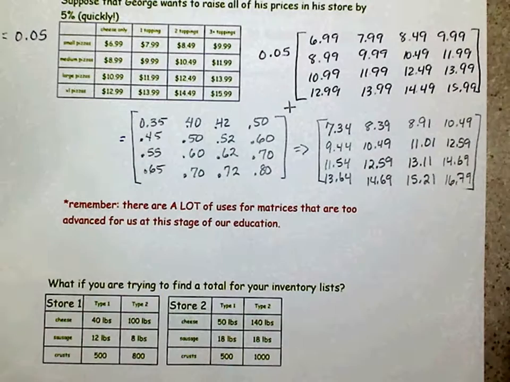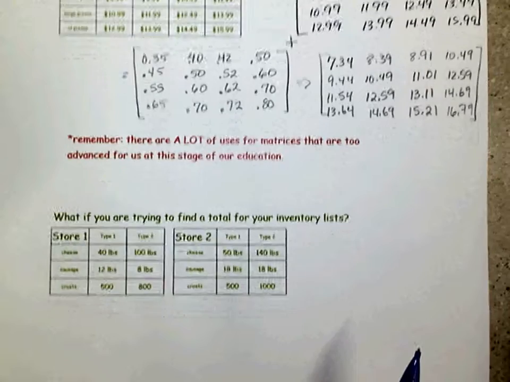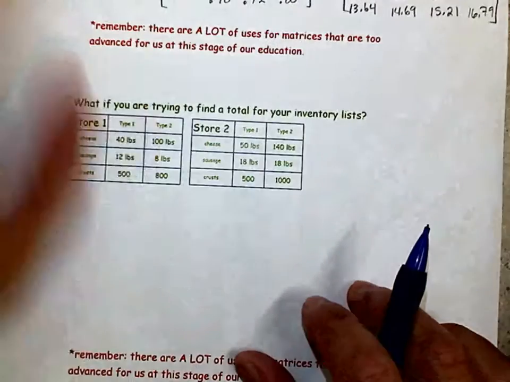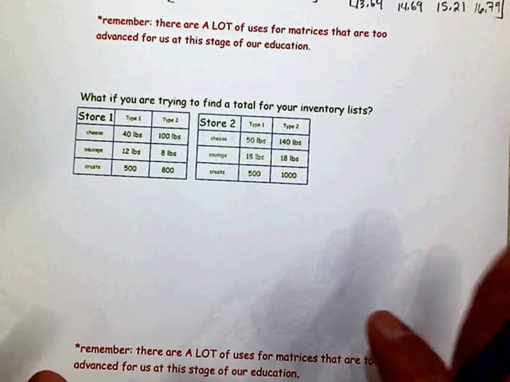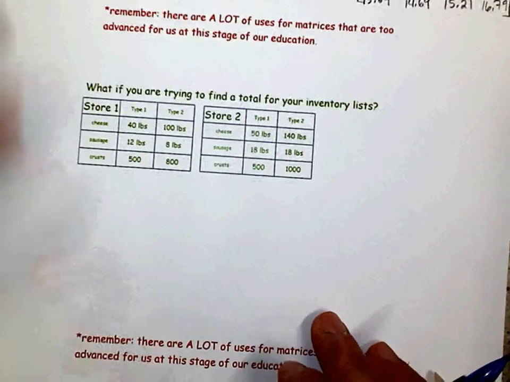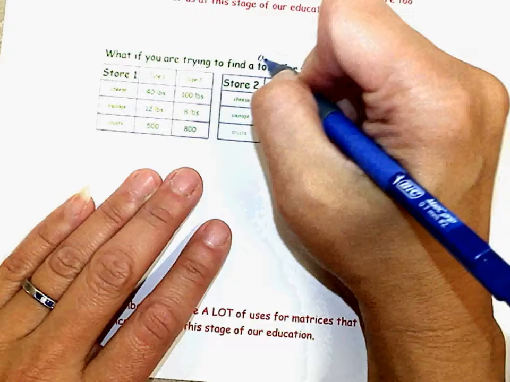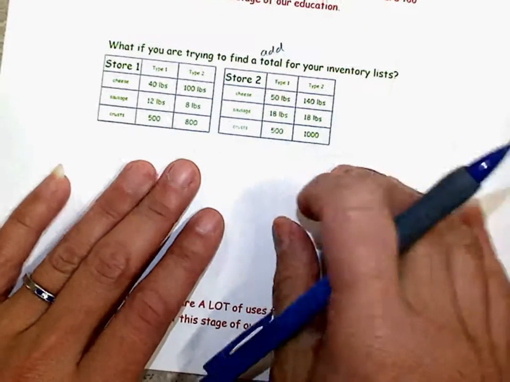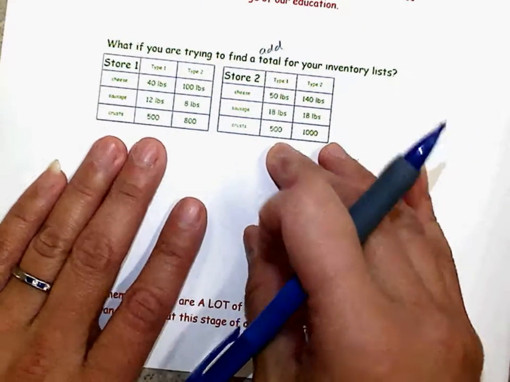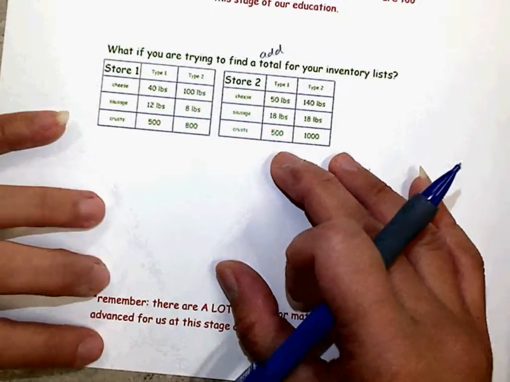All right. Remember, there are a lot of uses for matrices that are too advanced for us at this stage, okay? But you will learn about this. What if you're trying to find a total for your inventory? Total is adding for your inventory list. So I want to add what I have from store 1 and store 2 because I have 2 stores. Okay, so here's 40, 100.